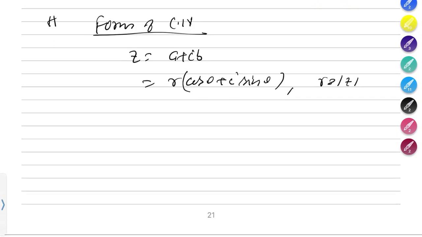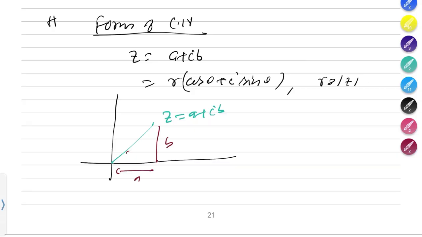Okay, how do we get this? I can show that any complex number z is equal to a plus ib. Here the imaginary part is b and the real part is a. The argument is theta, and the modulus of z, or r, is the distance of the complex number P from the origin.